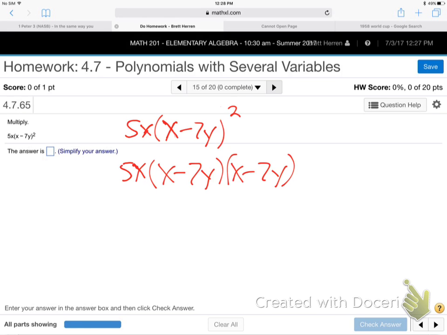Leave the 5x just sitting in the front for a minute. And when you're all done with the parentheses, then let the 5x multiply also. See if you can get that. I'll finish it up.